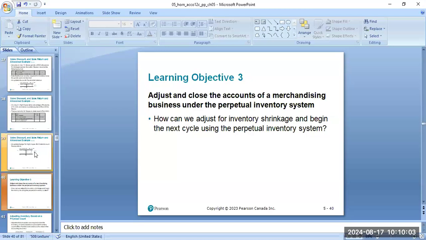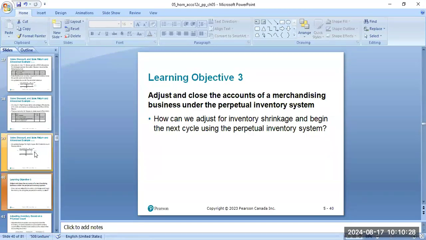Now the next thing that we have to do is adjusting and closing accounts for a merchandising business on the perpetual inventory system. Remember, at the end of the period, we have to close all the revenue accounts and expense accounts into the income summary account.